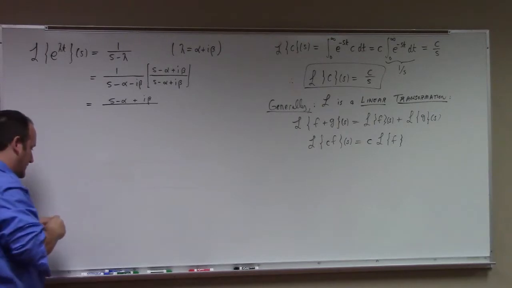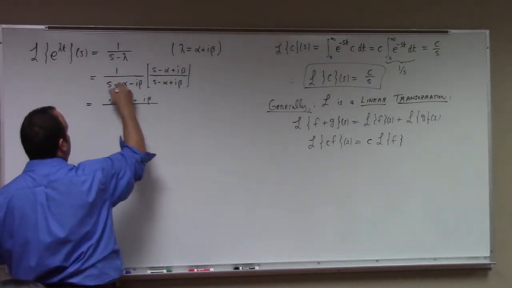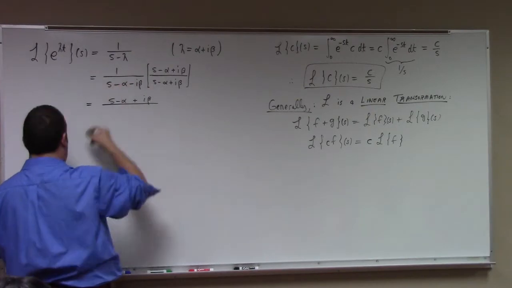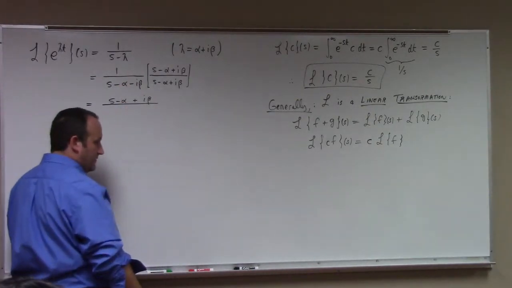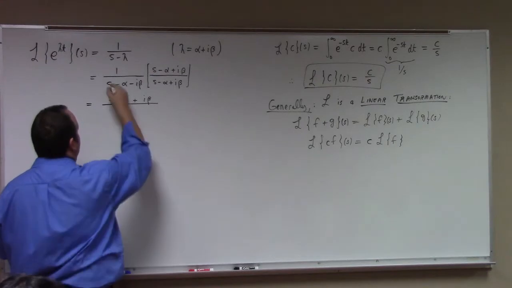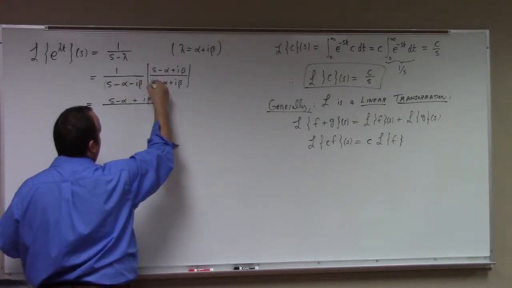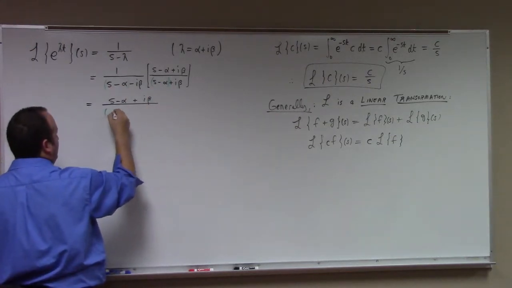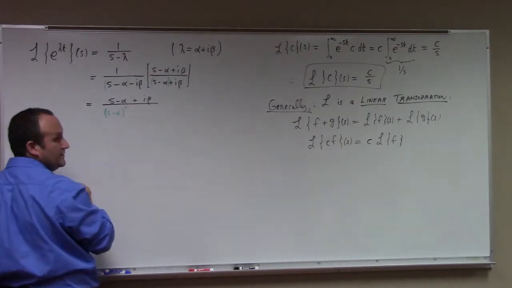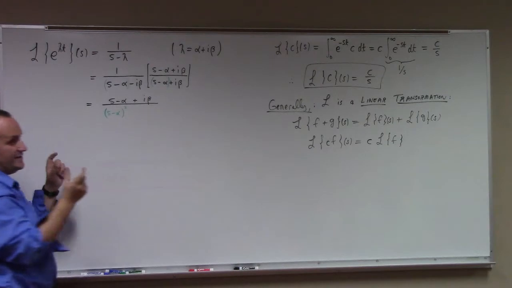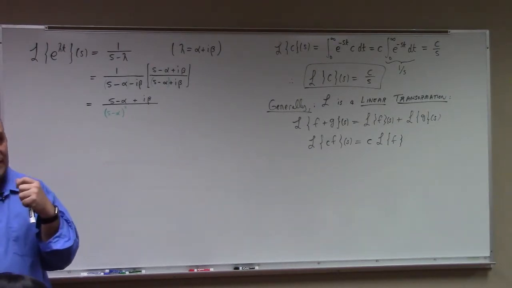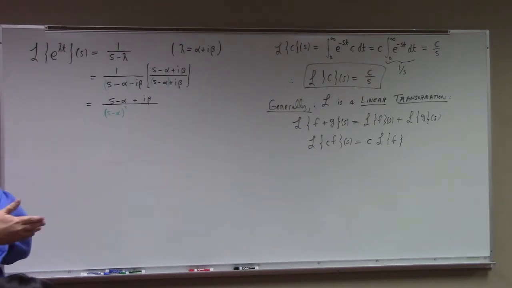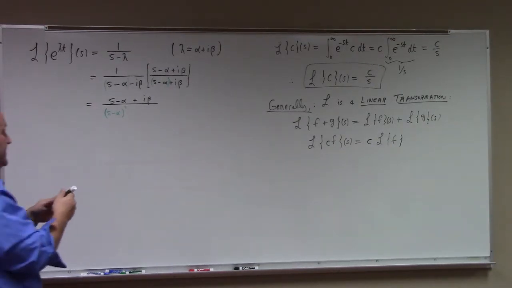And the way you want to look at the downstairs is we're multiplying this times that. So what we get is s minus alpha squared. The terms with I cancel out, because you get plus I times s minus alpha, and you get minus I times s minus alpha times beta. So those cancel. And then the I times the minus I gives me minus I squared, which is 1. So in short, plus beta squared.